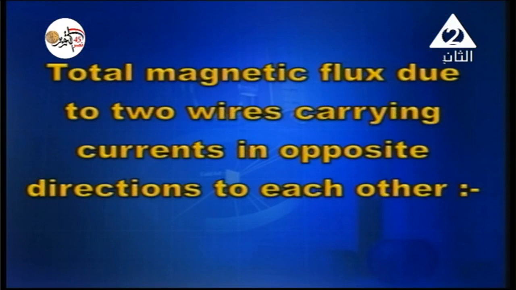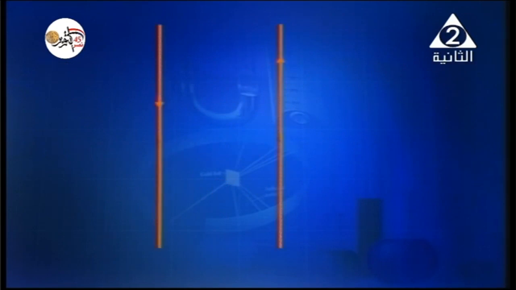And what if we want to calculate the total magnetic flux due to two wires carrying currents but in opposite directions? So in front of you we've got two wires carrying currents in opposite directions. The fields outside the wires will be in opposite directions, but between the wires they will have the same direction.